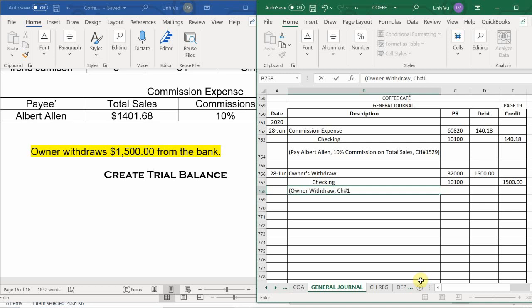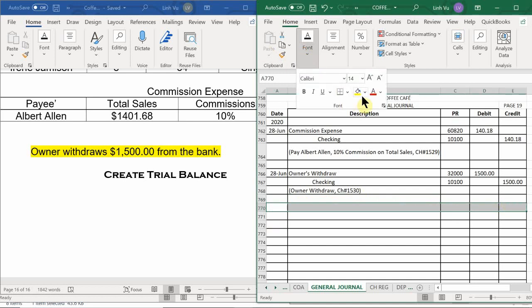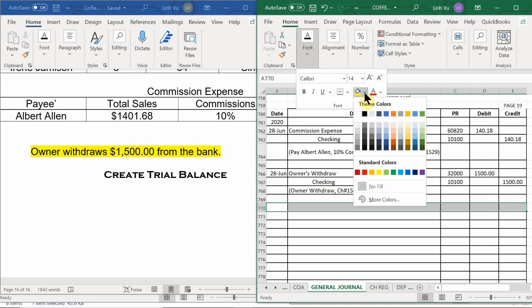Check number 1530. All right. And now is the last transaction we have here on the general journal. So what I'm going to do here is put a nice bar here, so I know that this transaction is complete.